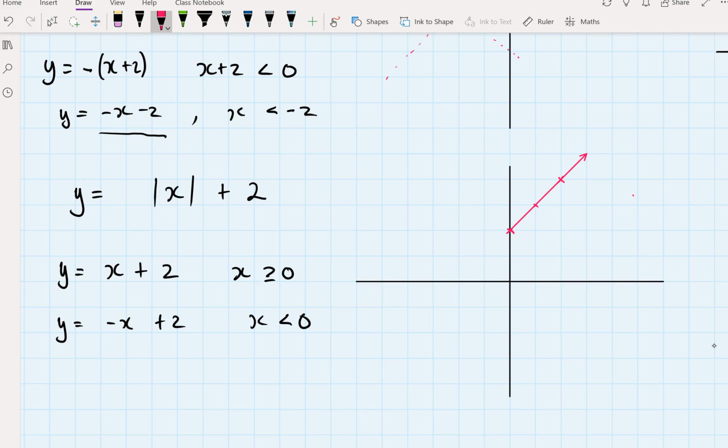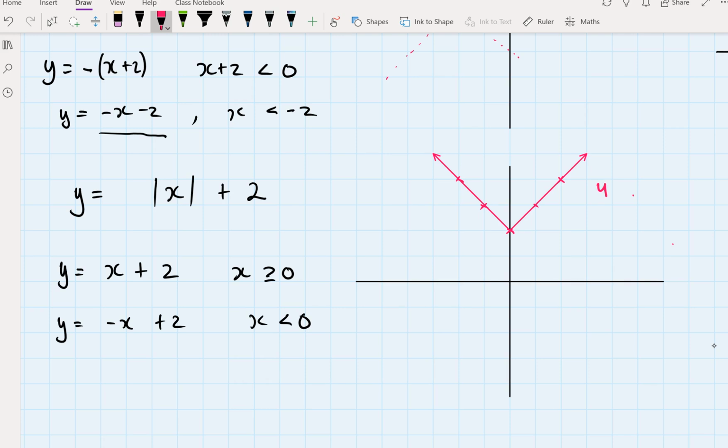And then when x is less than 0, in other words, when I'm on the left-hand side of the y-axis, I'm going to have the graph y is equal to minus x plus 2. So it'll be over here, it'll be that value there, that value there. And so I can draw my next line in. And that's the line that's going to go like that.